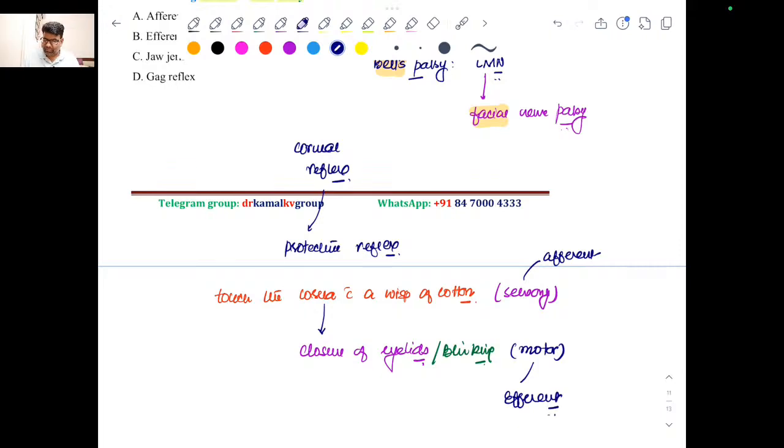Now all the sensations from the face are carried by the trigeminal nerve.